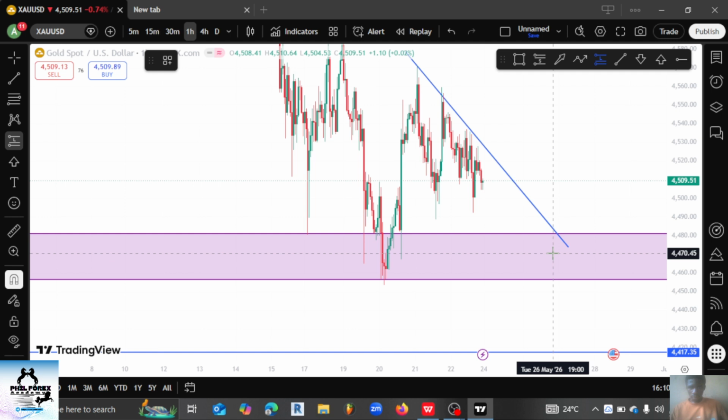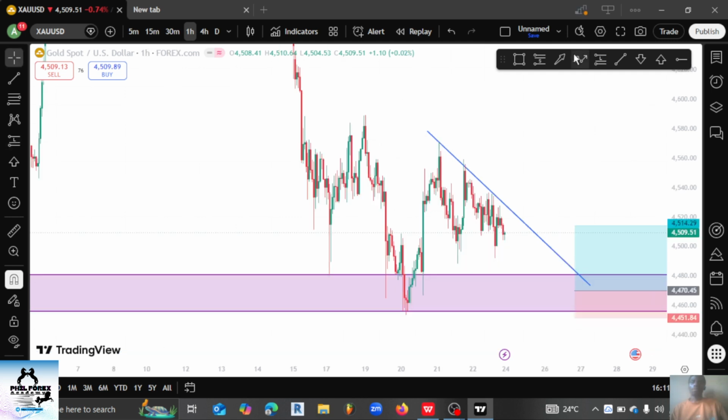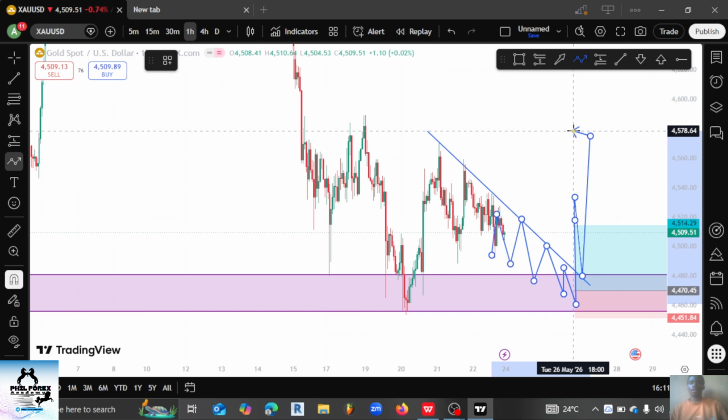What can happen is the market will come from here, come here, come down, come here, come down, consolidate and break this trend line. When it breaks, when it comes for a test, we enter and target this high here. That is what can happen in next week's market.